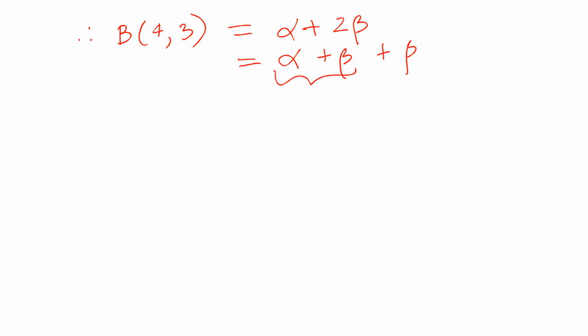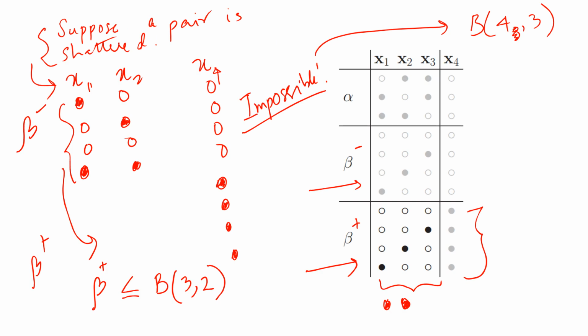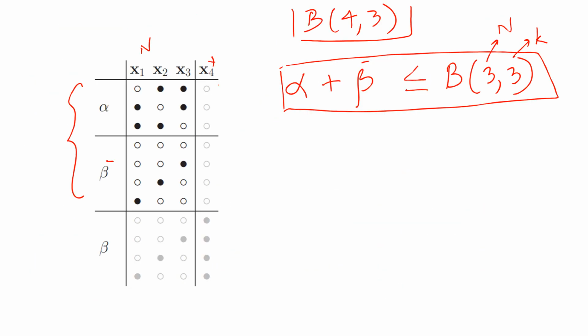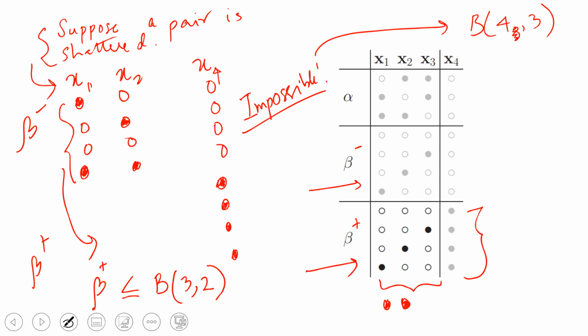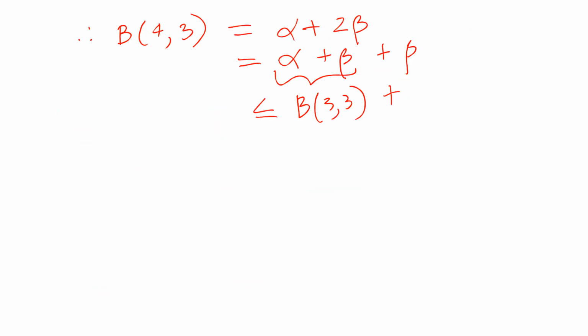And this particular part we've just proved is B(3,3), correct? So I'm going to replace it with less than or equal to B(3,3) because we just proved combinatorially that this is the case. And for beta positive, or just another beta, we also proved this, so I can also put that here, which is B(3,2).